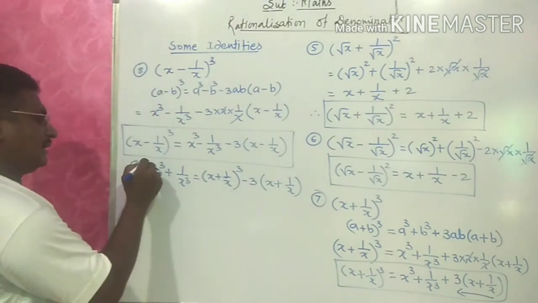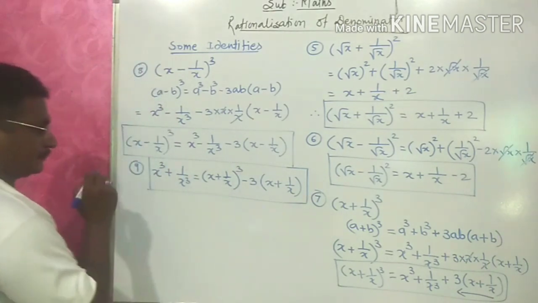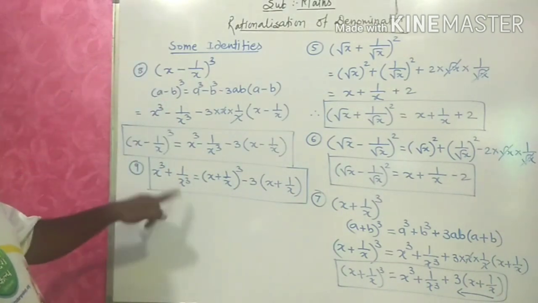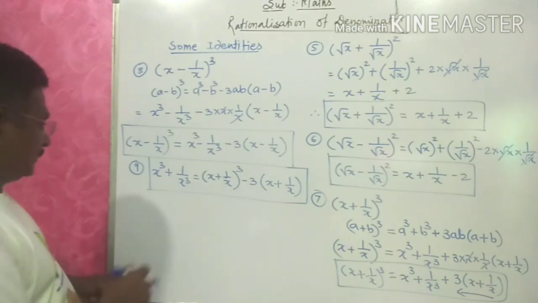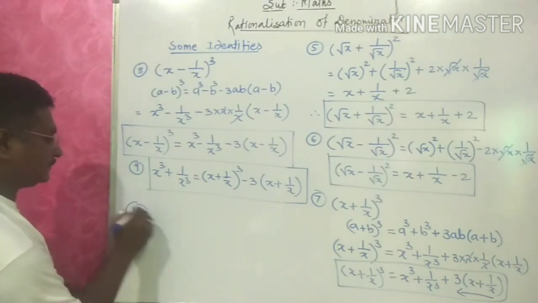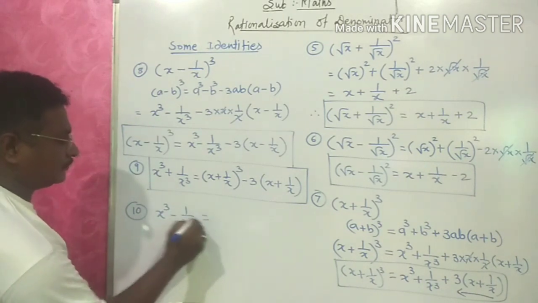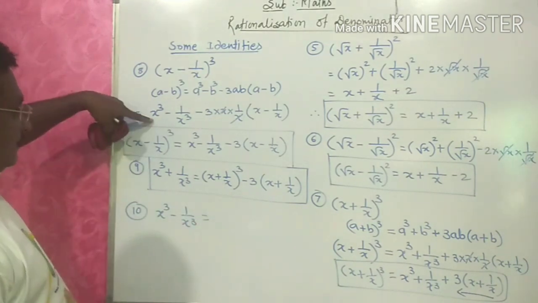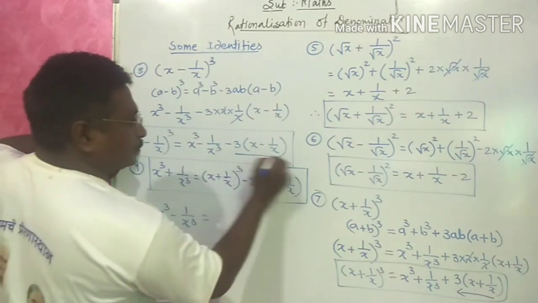This is the ninth identity. See, here plus is there, so both the brackets have a plus sign. If minus sign is there, x cube minus 1 by x cube, by using this identity, this has to transfer.